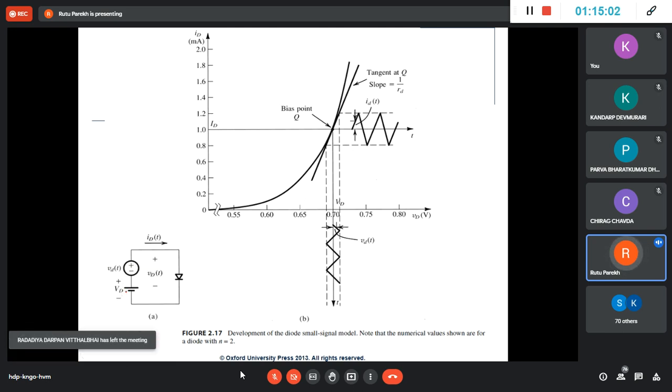If I don't have this DC voltage, the diode will remain off. Up to 0.7, it remains off; up to 0.5, 0.6, it is off. So if my signal is small and I want to process it, the diode will remain dead. I have to make it on, and that is biasing. It is a simple definition of biasing.